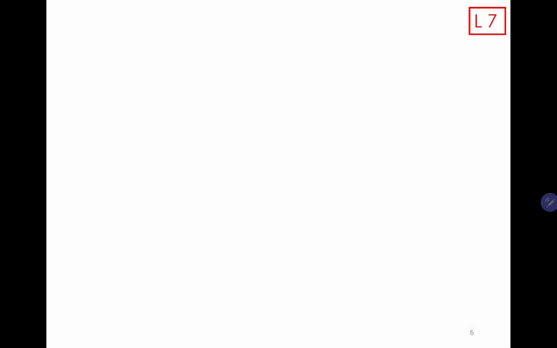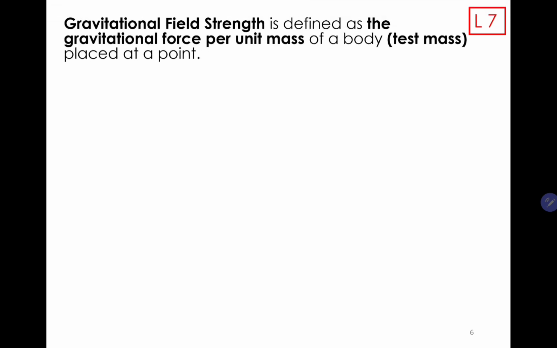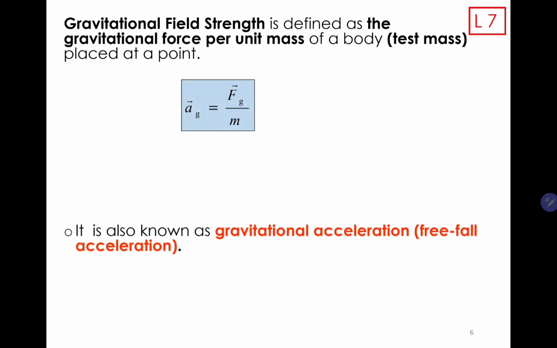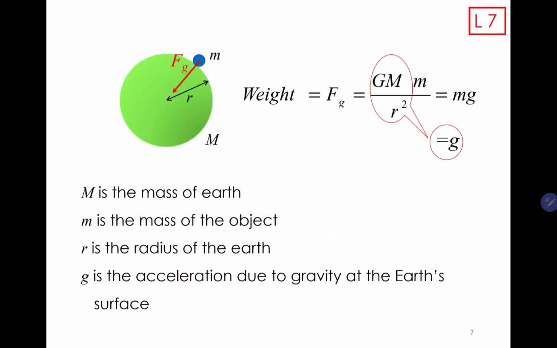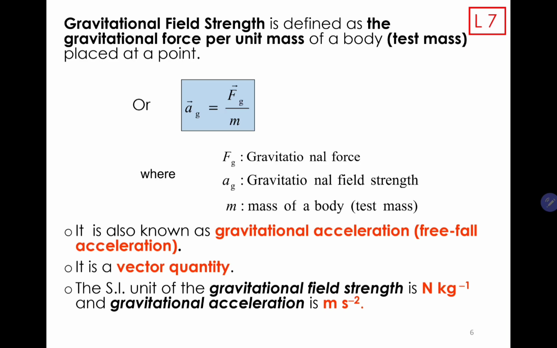Okay, next, what is the equation of Ag or gravitational field strength? Gravitational field strength is defined as the gravitational force per unit mass of a body, a test mass placed at a point.